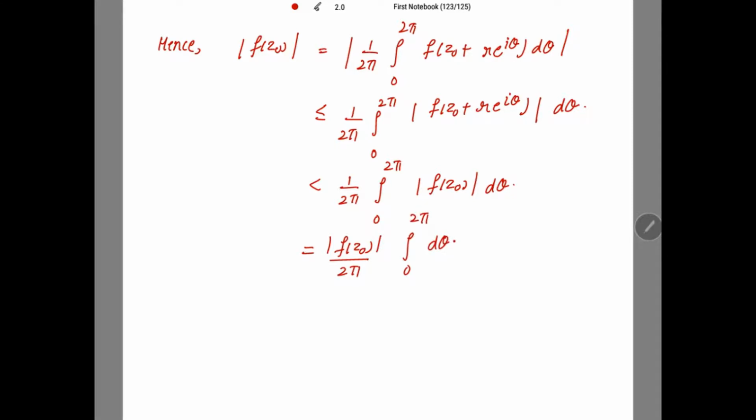This is nothing but the circumference of the circle. Taking the limits for theta, you get 2 pi. Alright, 2 pi cancel. We are left with the mod of f of z0.